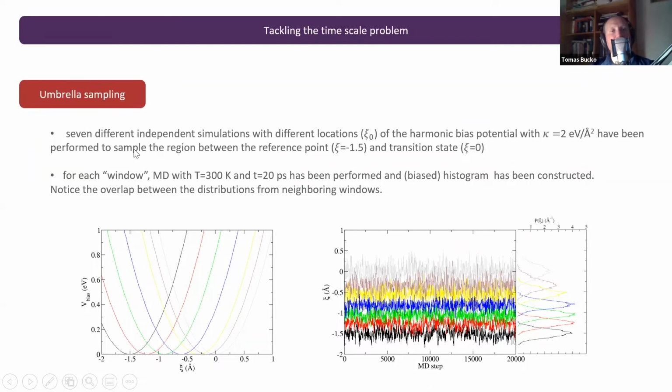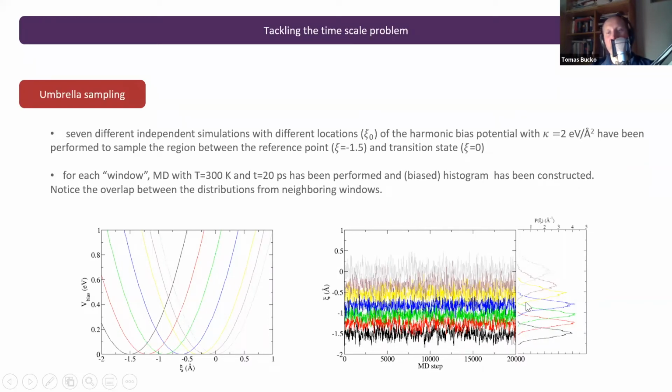Umbrella sampling. I performed 7 different molecular dynamics simulations with 7 different locations of umbrella potentials. Here they are. By that means I sampled these 7 regions. Here you see time evolutions of the Xi parameter, which I then used to compute the biased probability densities shown here.